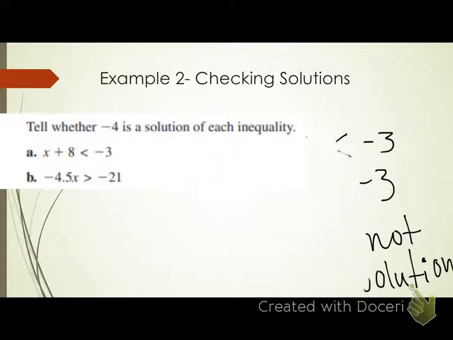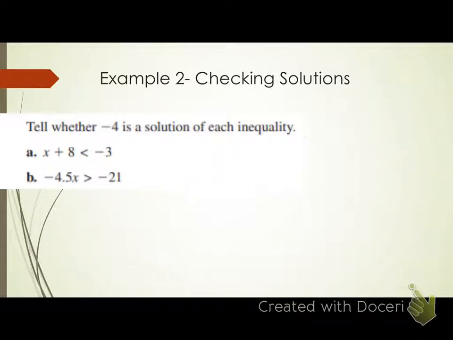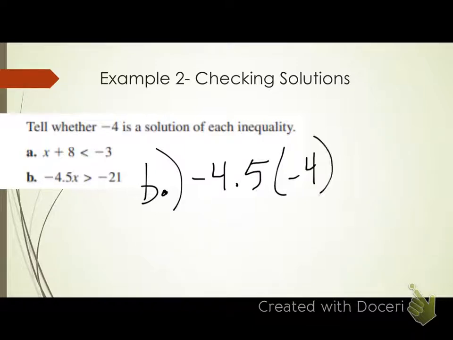Let's look at letter B. Negative 4.5 times negative 4 is greater than negative 21. Negative 4.5 times negative 4 gives me 18.